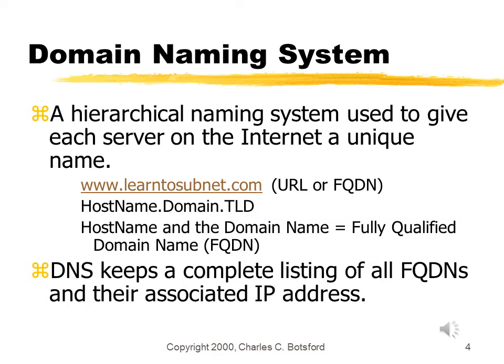So the domain naming system makes sure that each server on the internet has a unique name, and then we're going to see that DNS is also a database and keeps track of all the fully qualified domain names, the domain names, and their associated IP addresses.